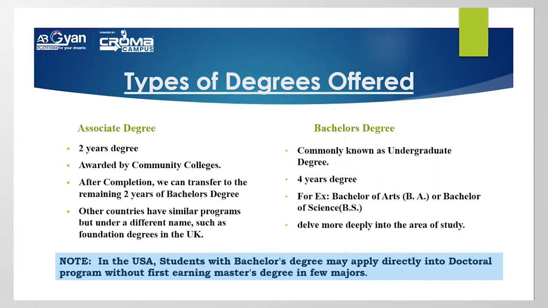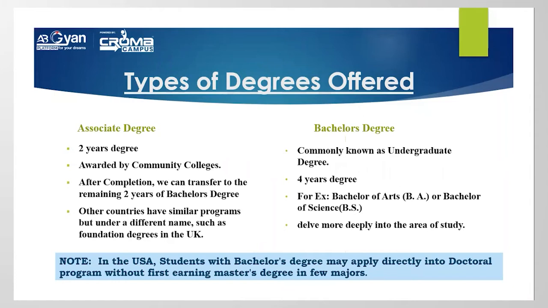The associate degree is generally offered by community colleges, and the bachelor's degree is offered by any university and college of the USA. The associate degree is also called a foundation degree in the UK, and an advanced diploma or 2-year diploma in Canada and India as well.